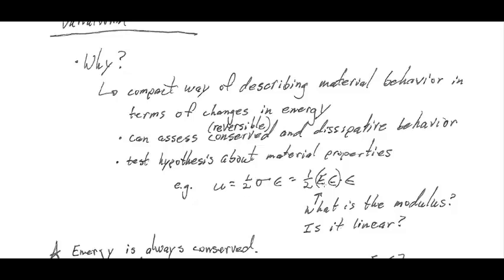We can write that stress, if it's a simple 1D model, in terms of a modulus and strain. So we can compare this to measurements and see how well it describes what we see in the laboratory, and then understand what our modulus is, is it really linear, is that a good enough approximation for what we're trying to understand.